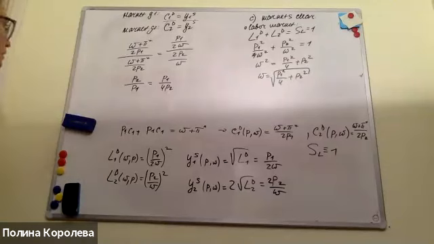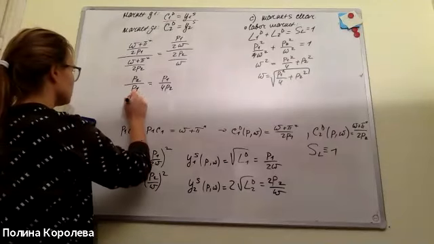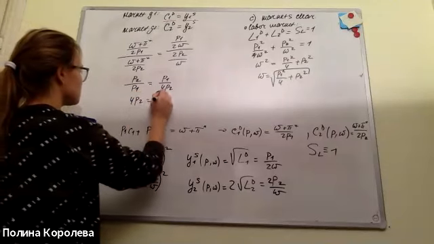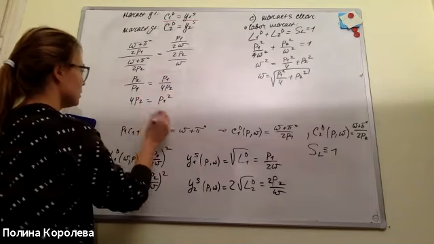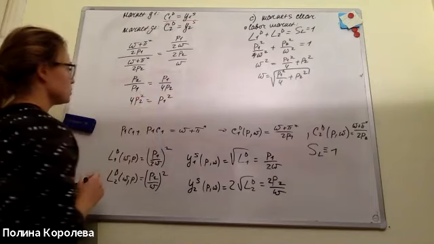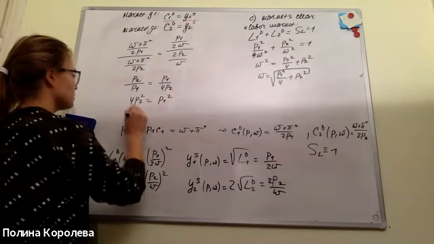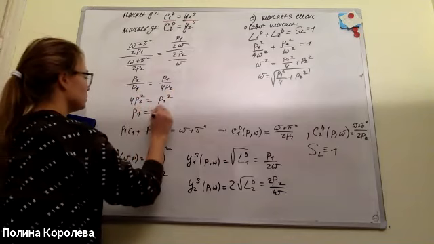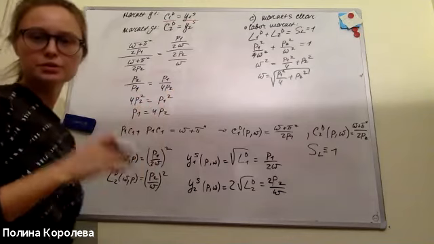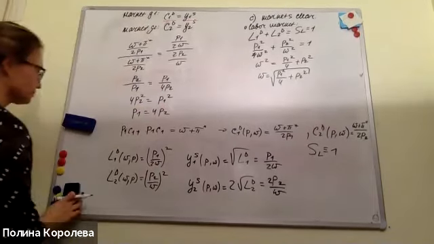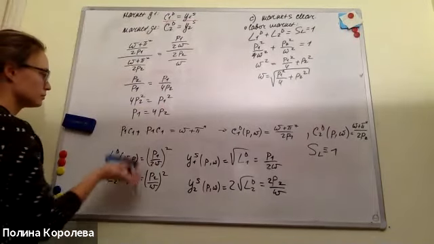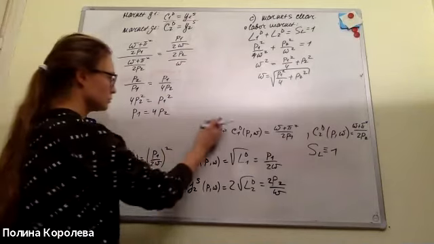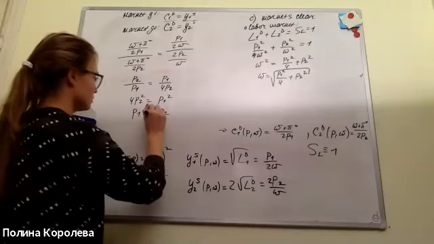Yes? Then 4P2 squared equals P1 squared. And that's why P1 equals 2P2, because we take the roots.